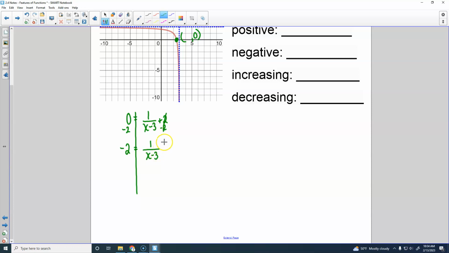You would multiply both sides by x minus 3. So I've got negative 2 times x minus 3 equals 1.